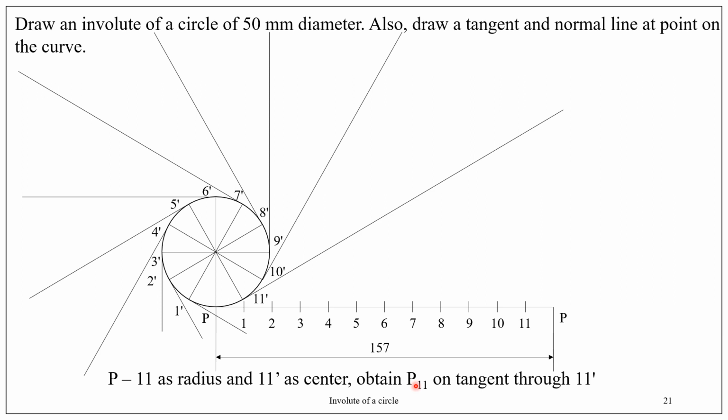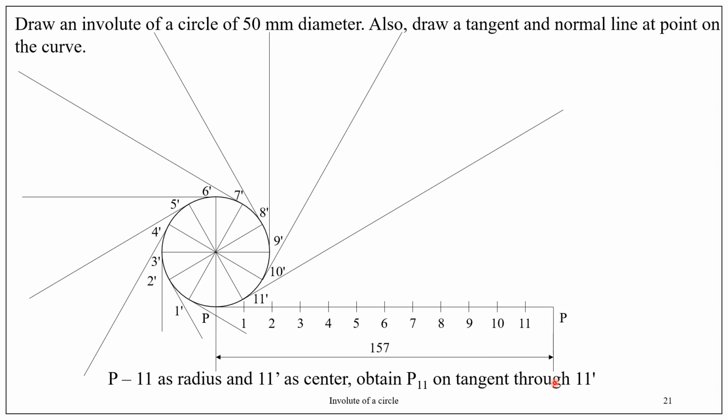Therefore, to locate these different points, we start from 11. That means we assume we have unwound over 330 degrees. If you unwound by 360 degrees, the end of the string will come over here, that is point P.